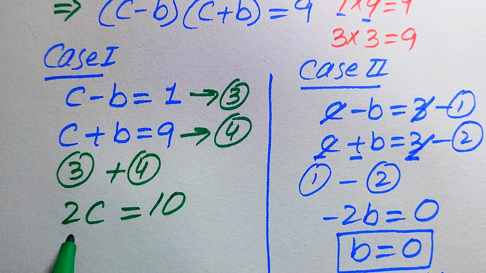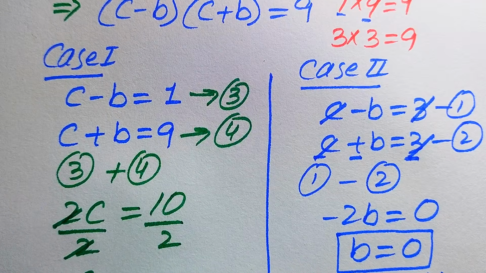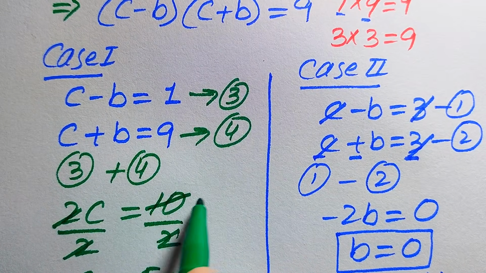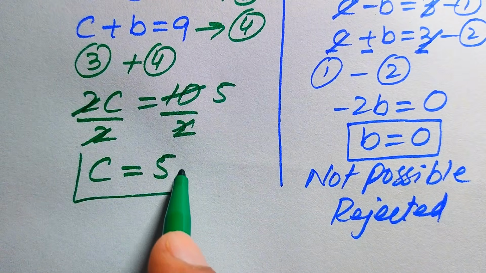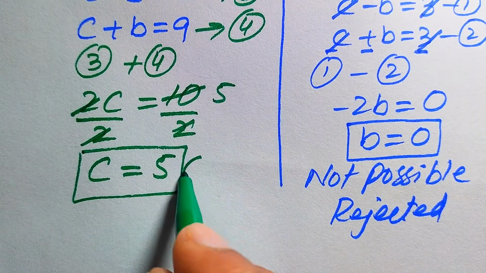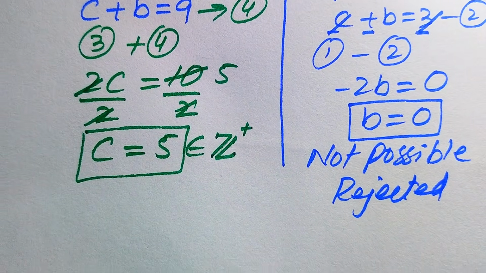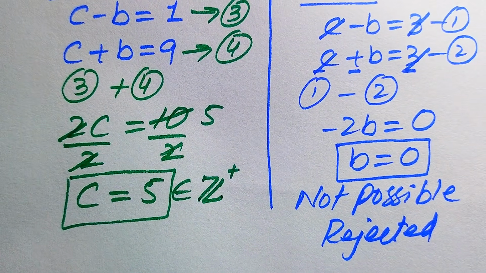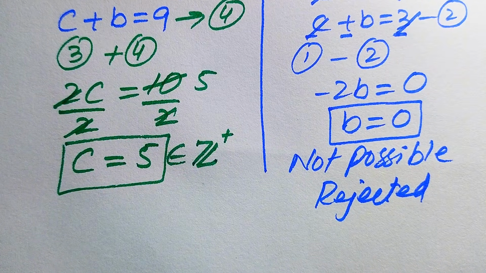To find the value of c, we divide both sides by 2, the 2 and 2 are gone, and we get c equals 5, since 2 times 5 is 10. So we find that c equals 5, which clearly belongs to the positive integers. Now we substitute this value of c into equation number 3 to get the value of b.